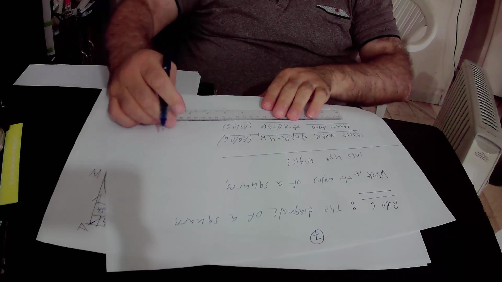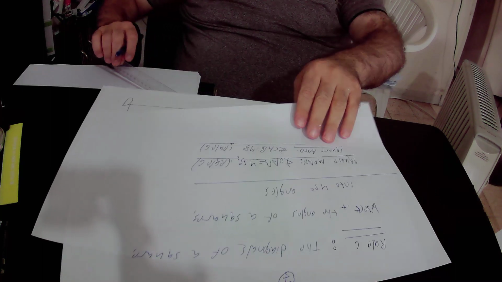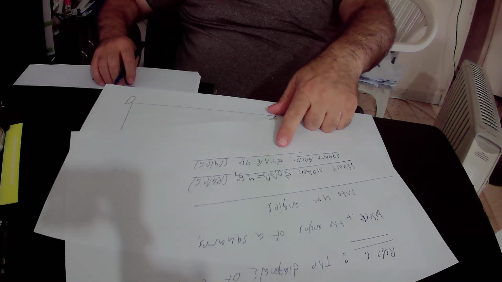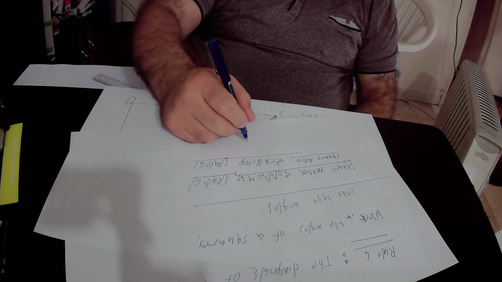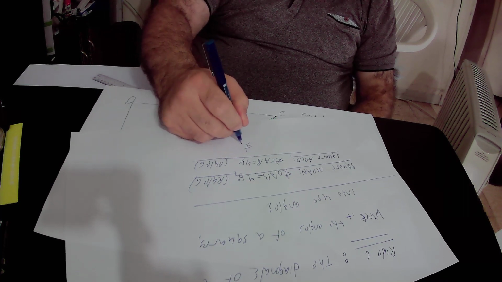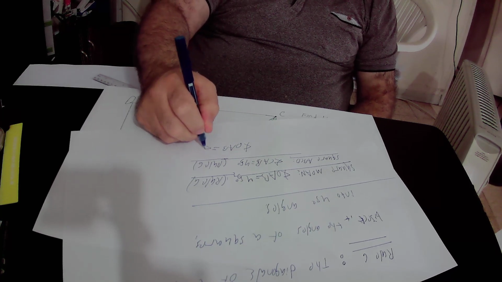So angle OAB equals 45 degrees and angle CAB also equals 45 degrees. Therefore, those two angles are equal to each other. That is to say, angle OAB is equal to angle CAB.